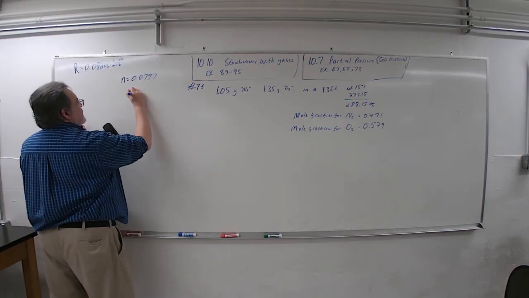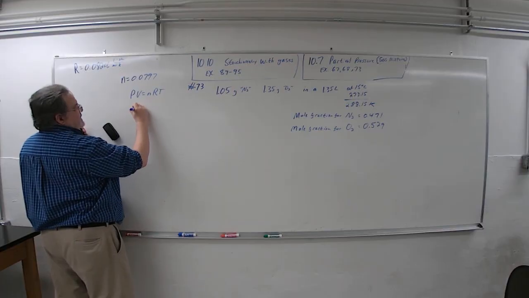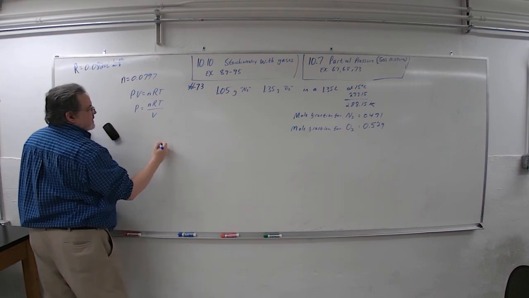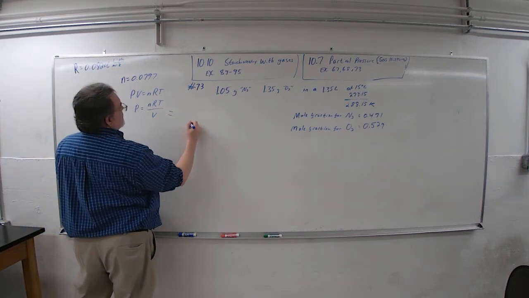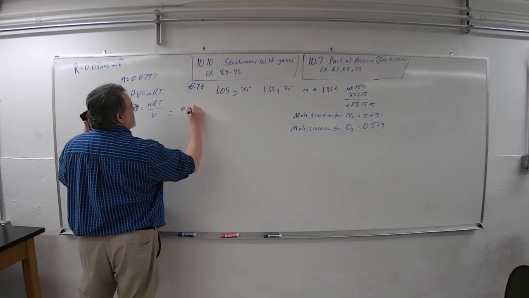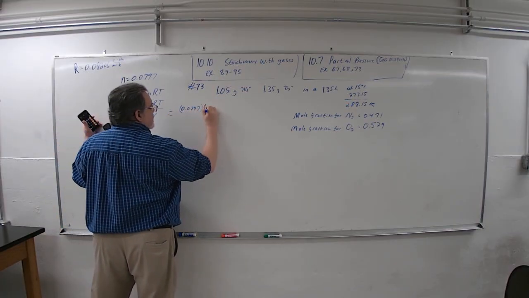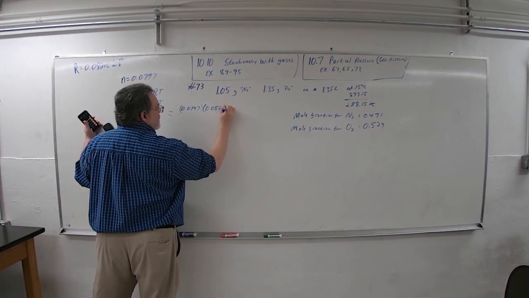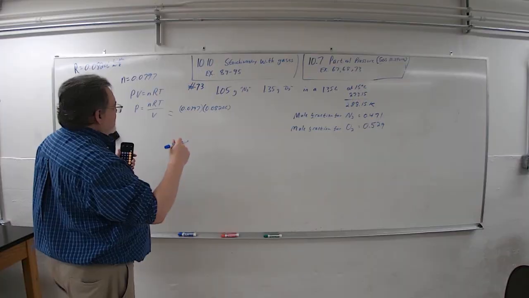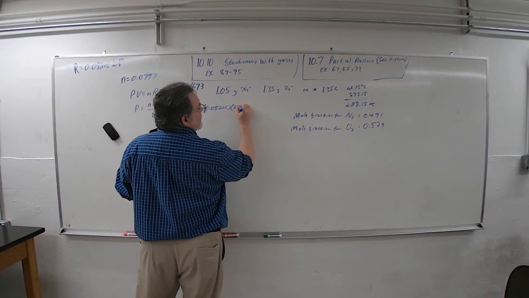And I need the pressure. PV equals nRT. Divide both sides by volume. You get pressure equals nRT over V. So we've got n is 0.0797. R is 0.08206. We're in liters, we're in Kelvin, right? 288.